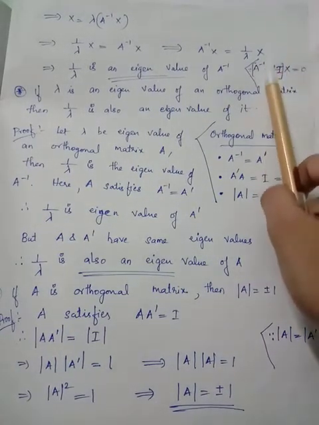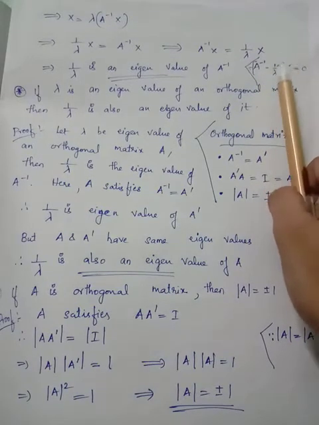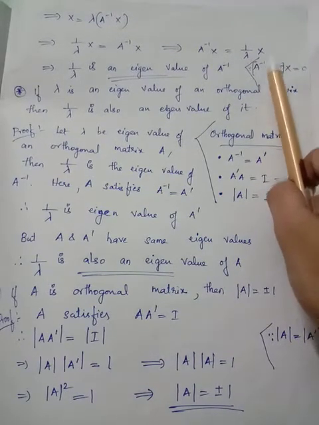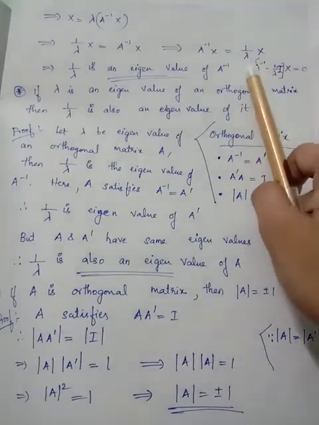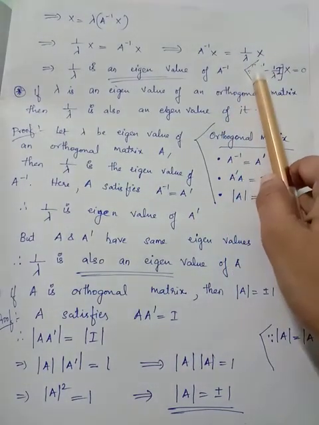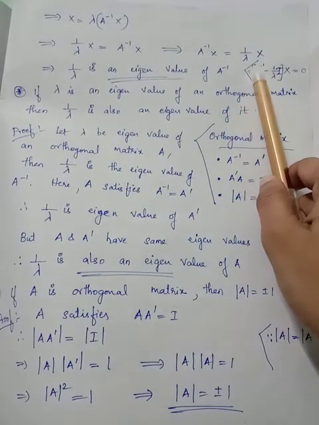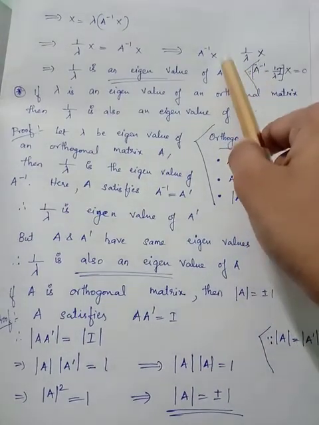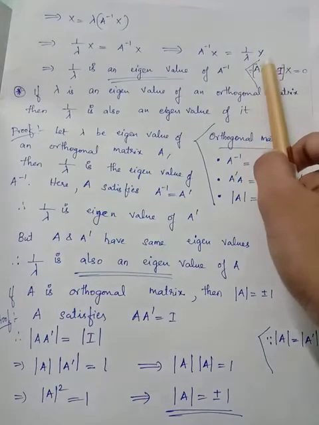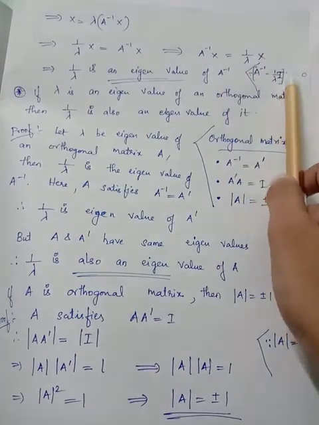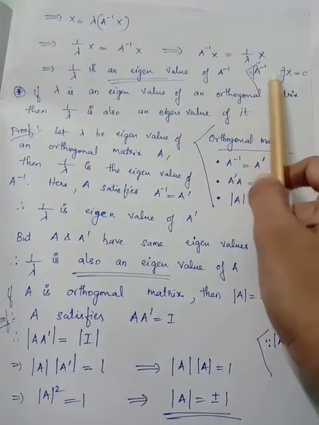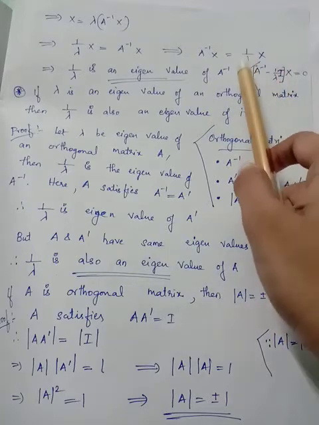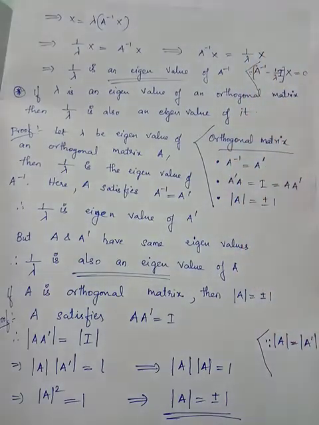So, by looking at this expression, you can easily conclude that 1 by lambda is the eigenvalue of A inverse whenever lambda is the eigenvalue of A. You arrived at this expression because when you take 1 by lambda into x to the LHS, you can take the column matrix x common outside, and multiplication of the identity matrix to the scalar 1 by lambda does not cause any change for the matrix multiplication.